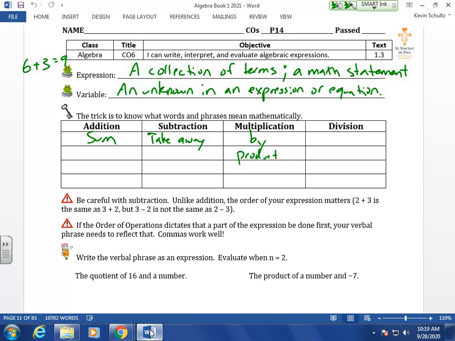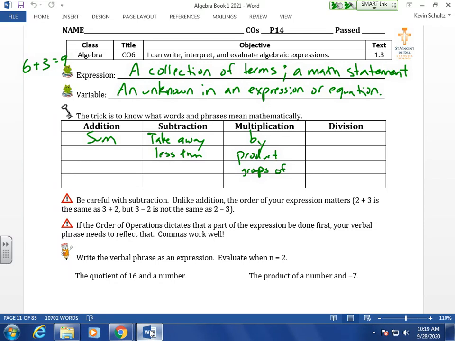Joey? Subtraction less than. Less than. Okay. Yeah? Multiplication of. And I want to put the word groups in front because that's probably the most frequently used phrase, groups of.